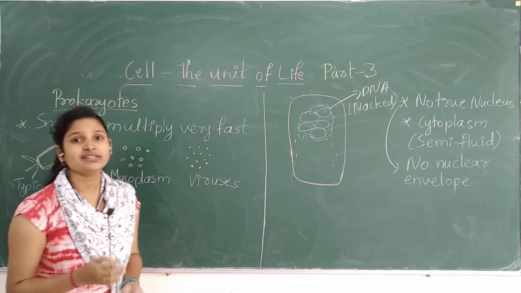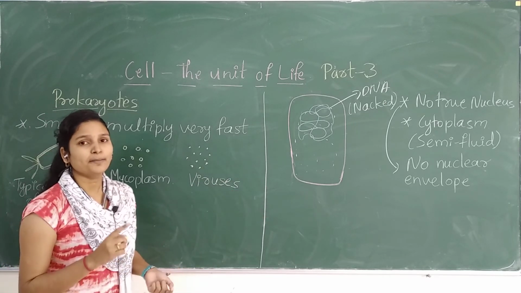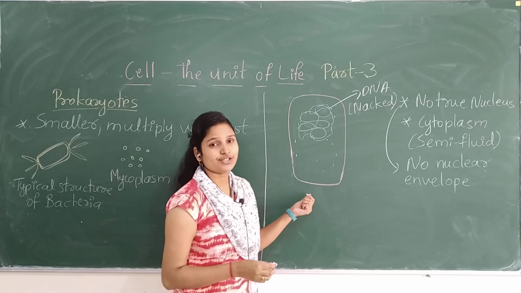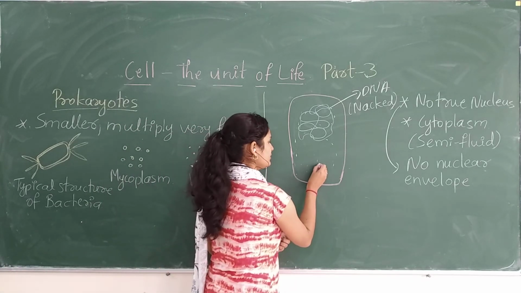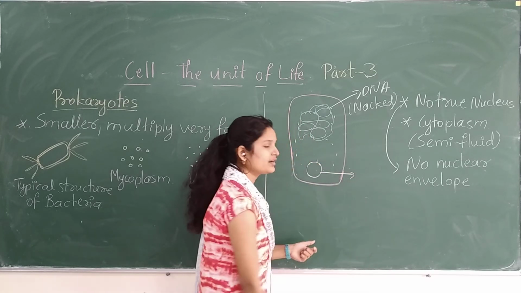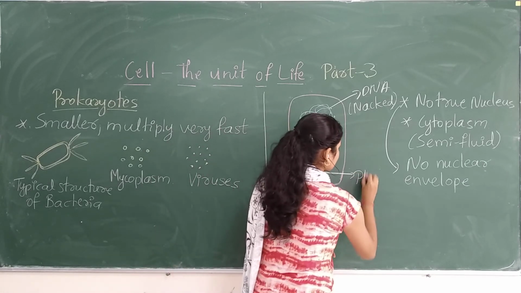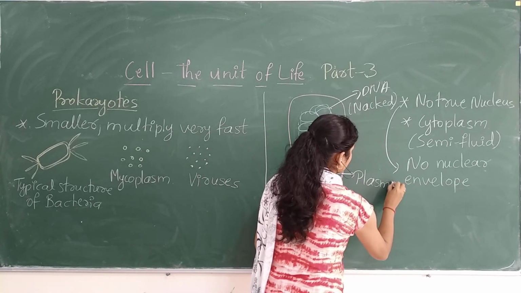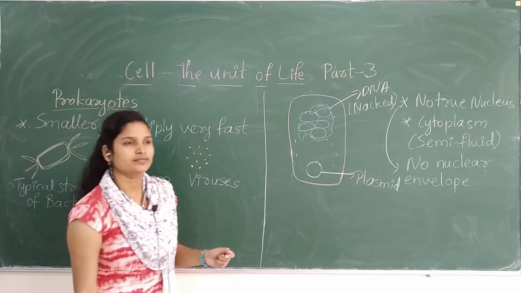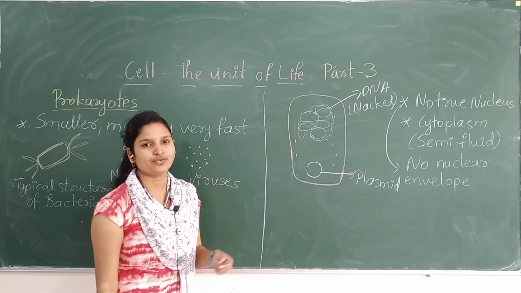And the special structure which we can find in case of prokaryotes is the presence of plasmids. It is a very unique character of the prokaryotes. So what do you mean by plasmids? What do you mean by plasmid and why is it unique to the prokaryotes?